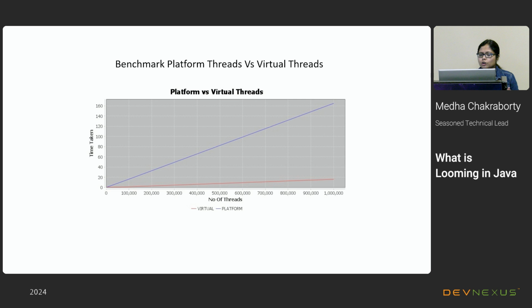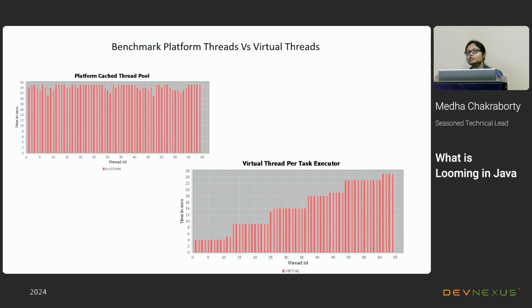So now I will talk about one more thing. We have been talking about all the good things about virtual threads right now. But now we have to balance it, right? We have to understand when to use virtual threads versus when we should not. We have done some experiments with virtual threads on some computation work.